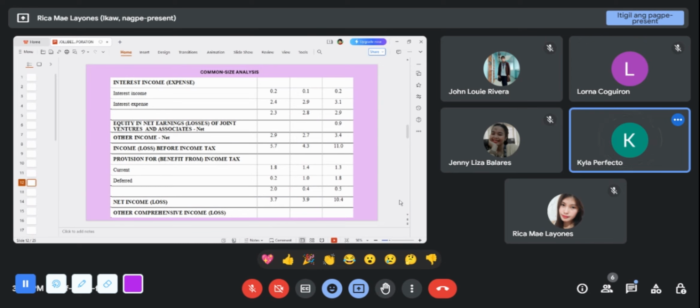The deferred, we have 0.2 percentage in 2022, 1.0 percentage in 2021, and 1.8 percentage in 2020. The net income loss, we have 3.7 in 2022, 3.9 in 2021, and 10.4 for 2020.